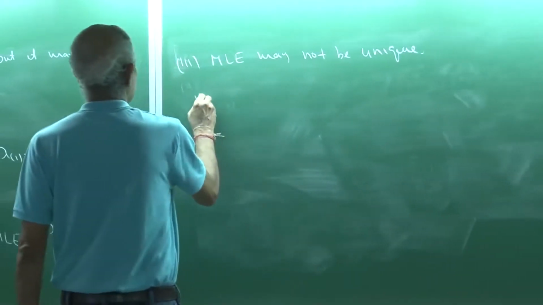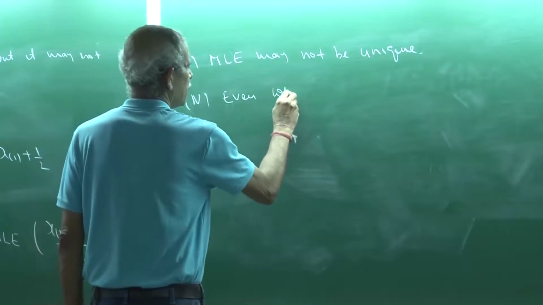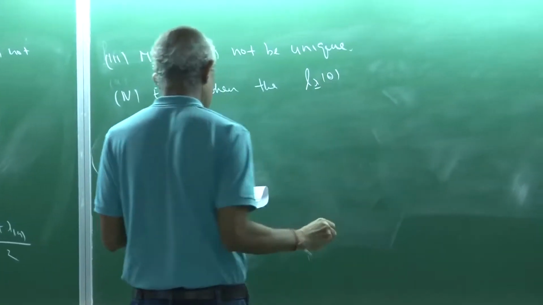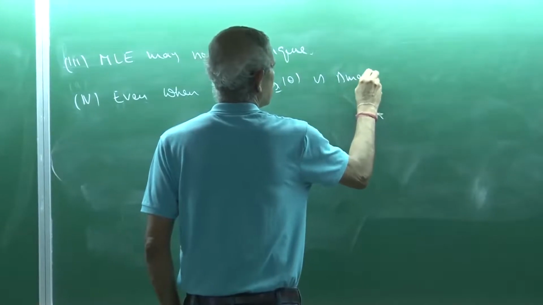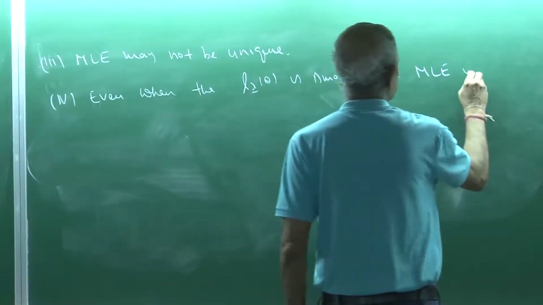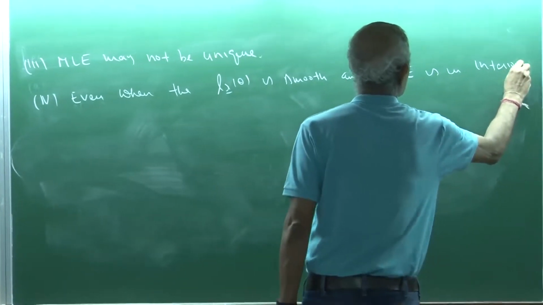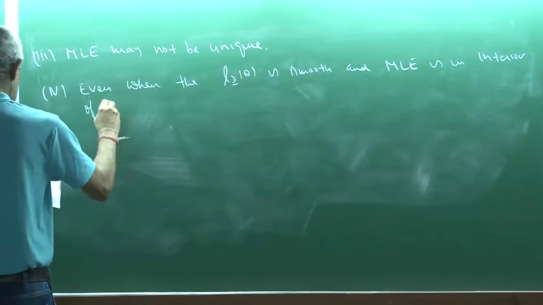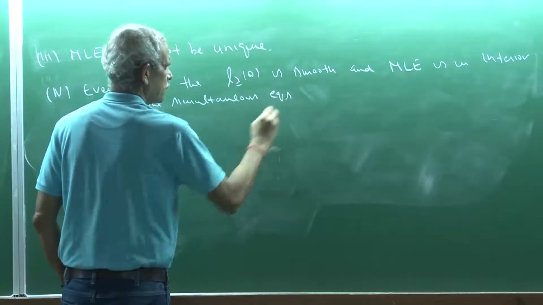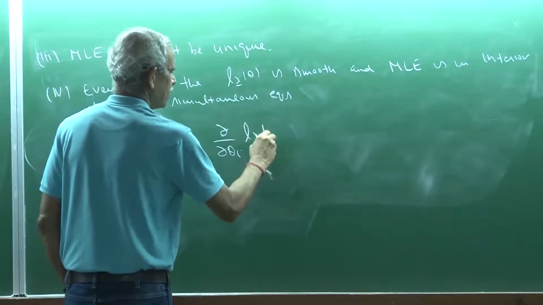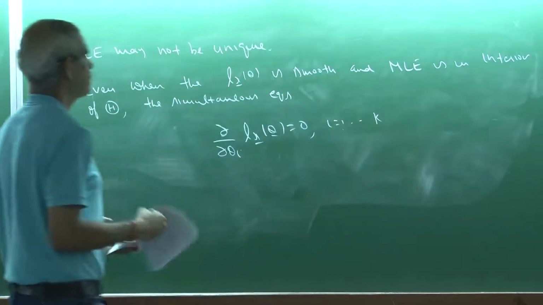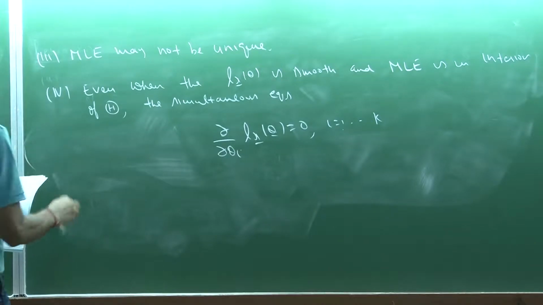So even when the log likelihood function Lx(theta) is this smooth, and the MLE is in the interior of theta, the simultaneous equations del by del theta i of Lx(theta) equal to 0 for i equal to 1 to k may have multiple roots.